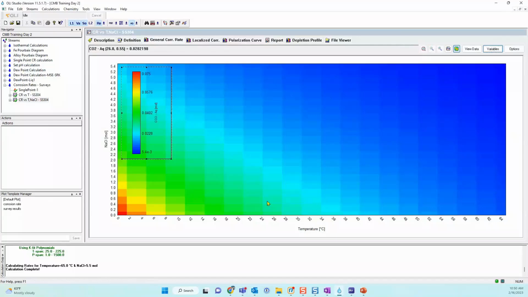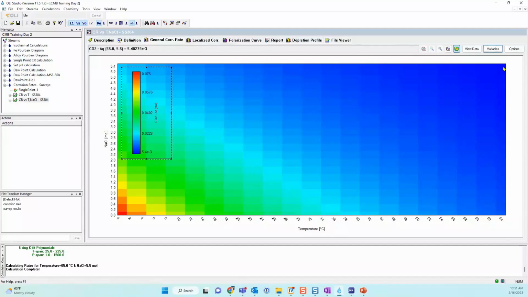And then in here you will see the impact of the salinity in this case now, and temperature and the solubility of CO2. The lowest solubility happens at higher temperatures and higher salt concentrations, and that makes sense.